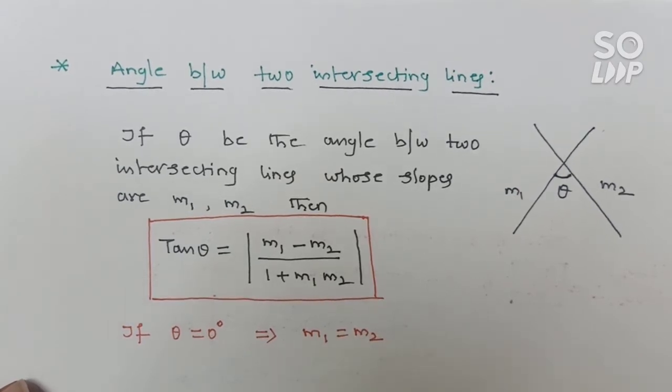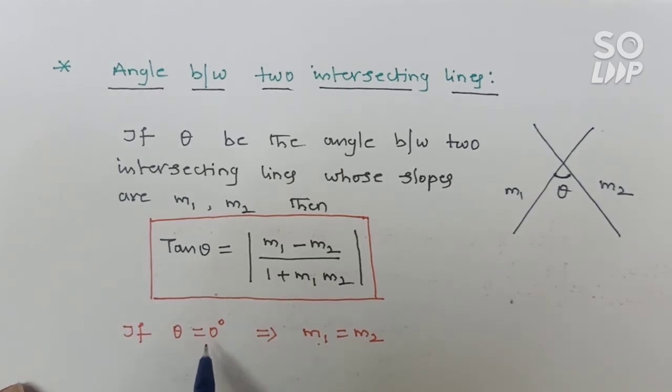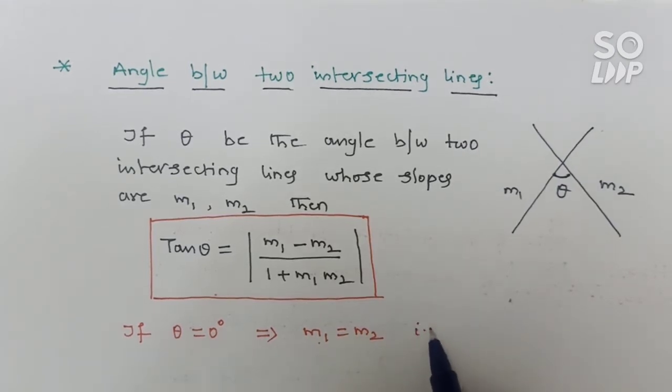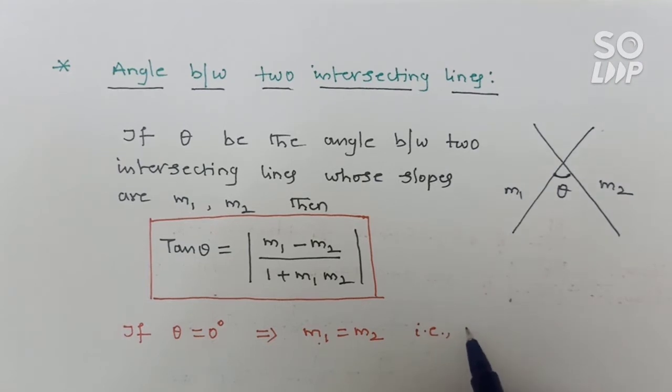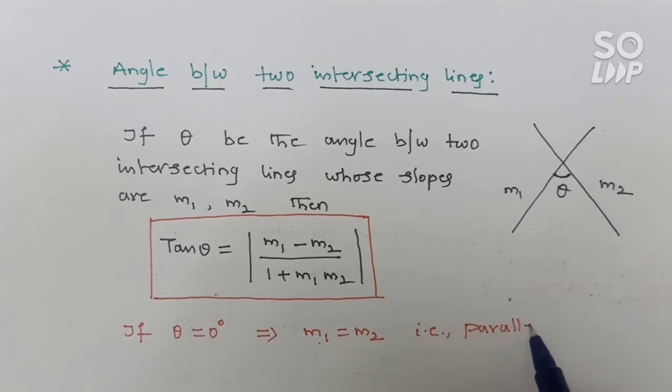What is the meaning of this? m1 equal to m2 means the angle is 0. Generally, the angle between two lines becomes 0 when the two lines are parallel. So that is the case of parallel lines.